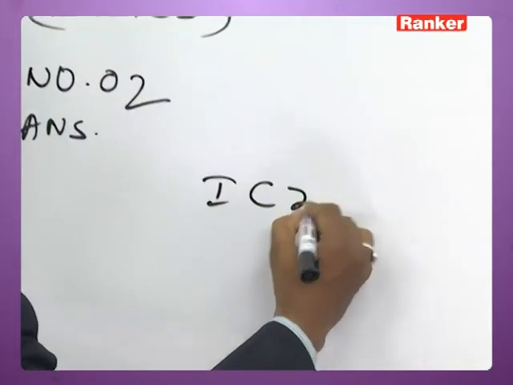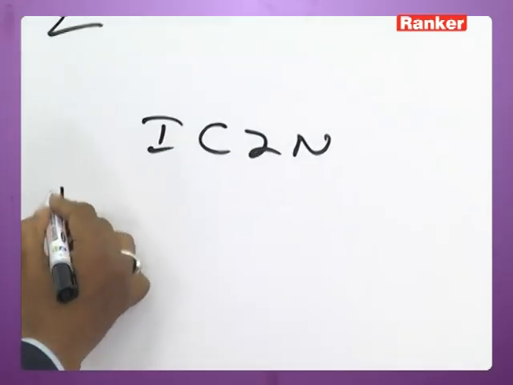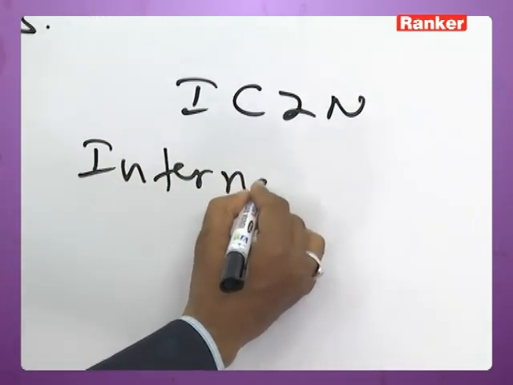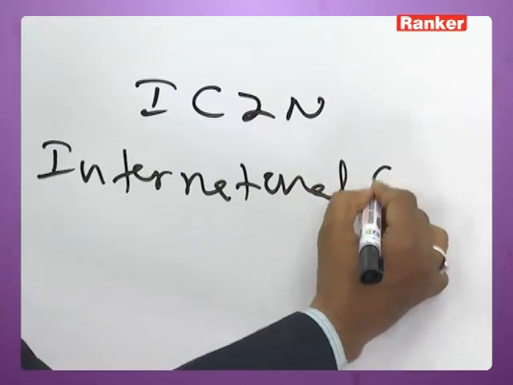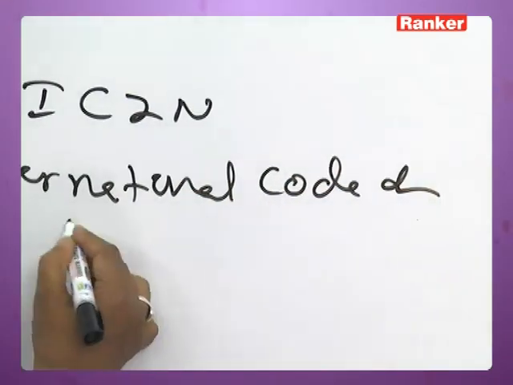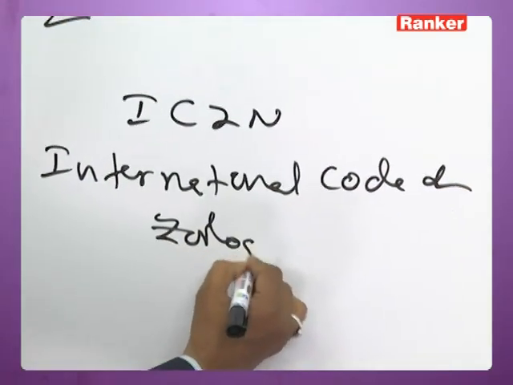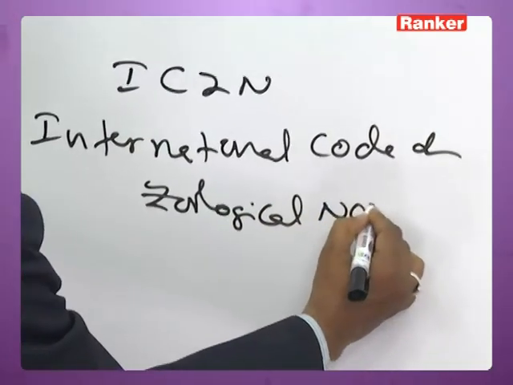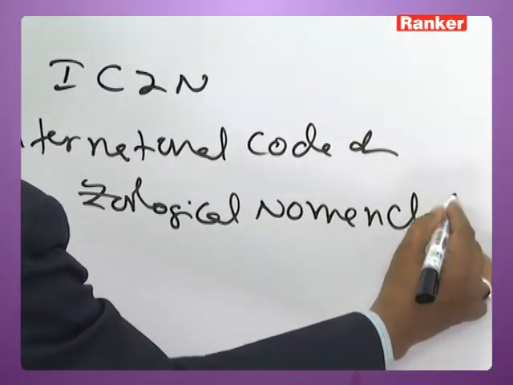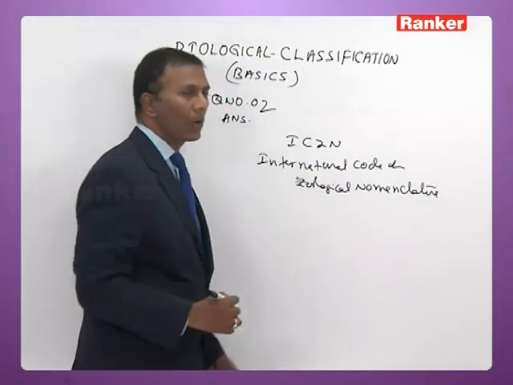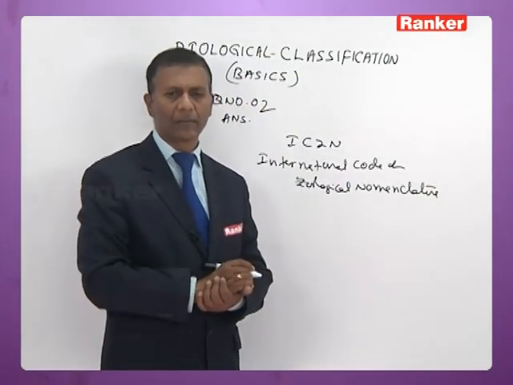ICZN stands for International Code of Zoological Nomenclature.